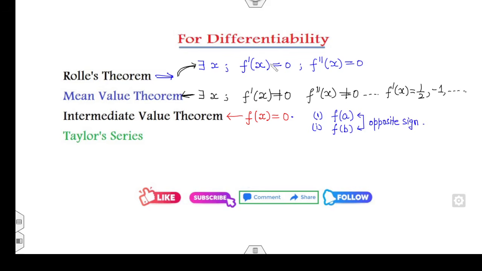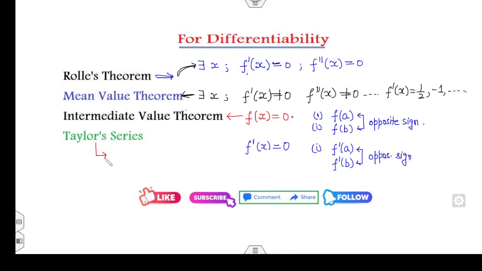Based on this, if you want to apply it to f dash x, then you can again apply it. The condition will be f dash of a and f dash of b must be of opposite sign. If you prove that they are opposite sign, then you can apply the intermediate value theorem.